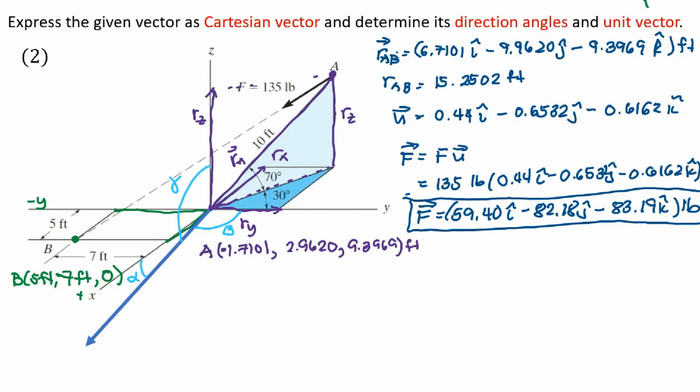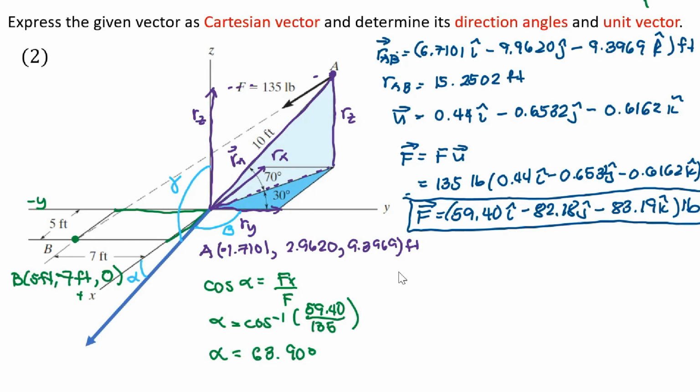Let's try to solve alpha first. Cosine alpha is equal to Fx divided by its magnitude. So alpha is the inverse cosine of Fx, which is 59.40 divided by 135. The pounds will cancel out. So alpha is equal to 63.90 degrees. For beta, cosine beta is Fy over magnitude.